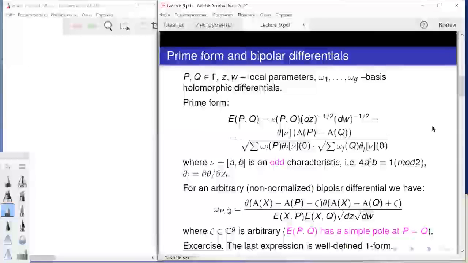It does not matter which particular nu we choose. A here stands for the Abel transformation.